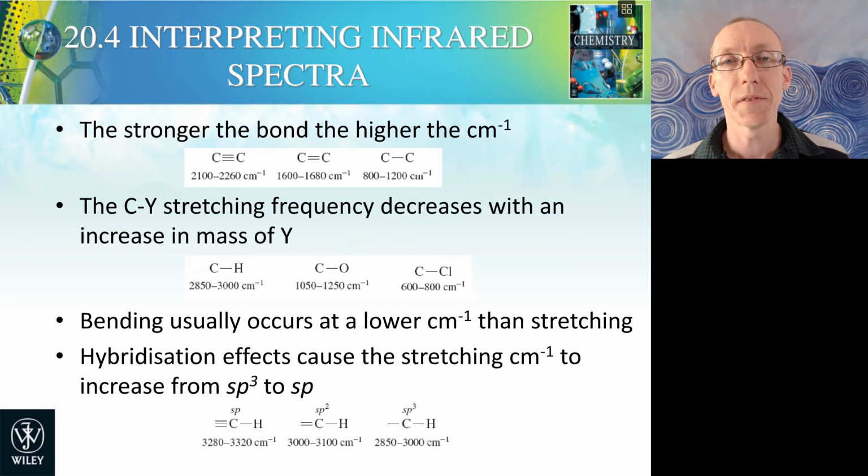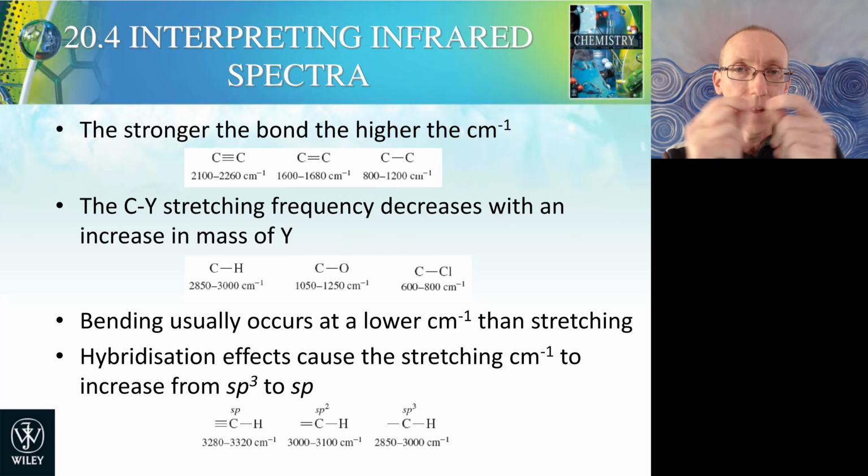Now, there's a few rules of thumb here about vibrational infrared spectroscopy. We don't have enough time in this video to go through all of the reasons behind this, but we'll just note a few general trends. One really important general trend is the stronger the bond, the higher the frequency of the vibration. So imagine the two atoms are held together via a spring.